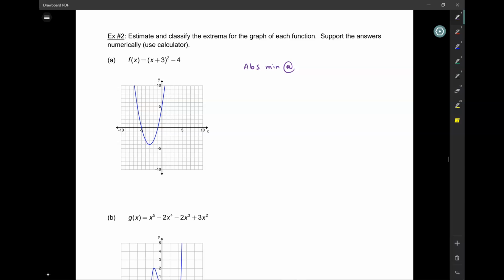It'll usually say what are the extrema. So there is an absolute minimum at (-3, -4). Again, the location of this is x equals -3, and the value is y equals -4. Make sure you make that distinction.